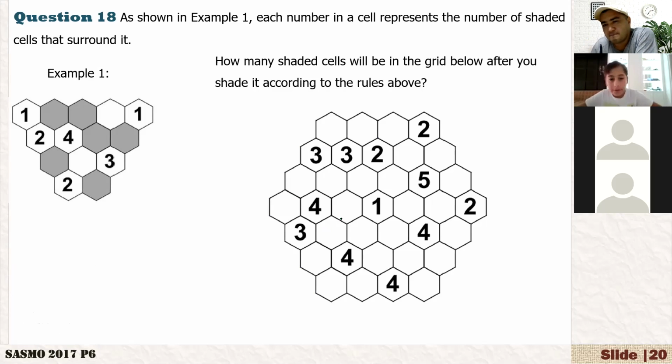If we have this kind of question in SASMO on the paper, can we use the grid that they provide? Can we draw on it? Yeah, of course. So we don't have to draw our own. No, you can draw it on the paper. And will they give a separate answer sheet?